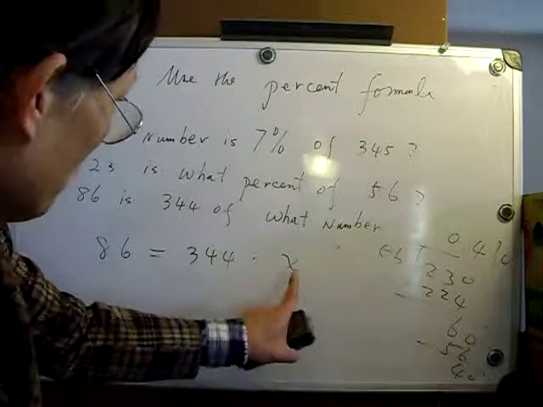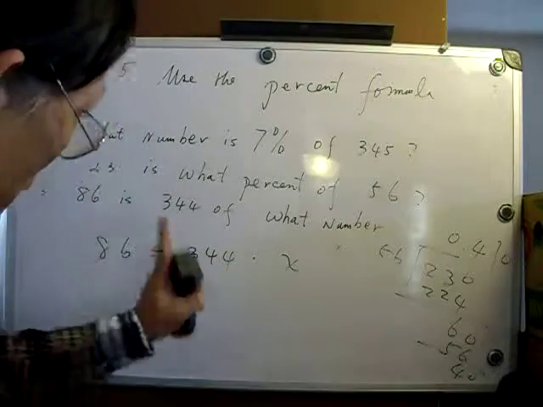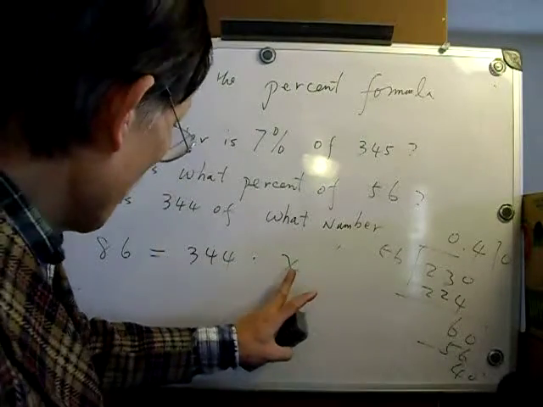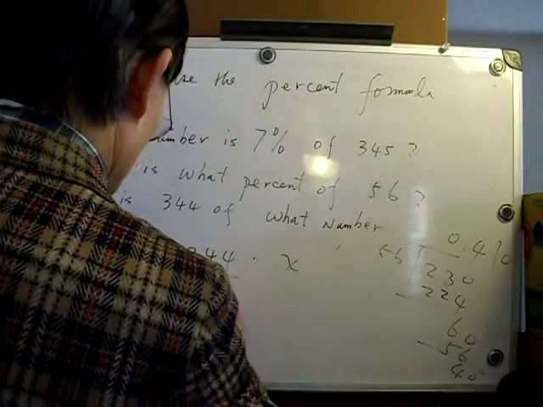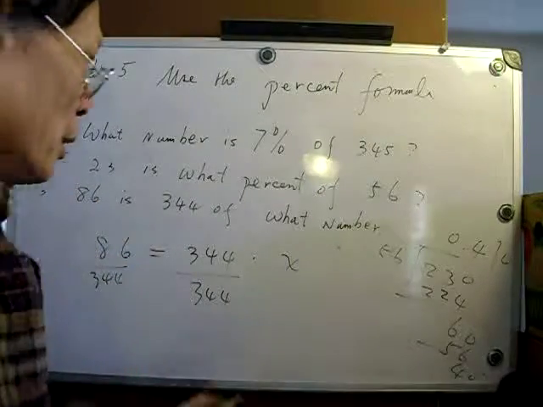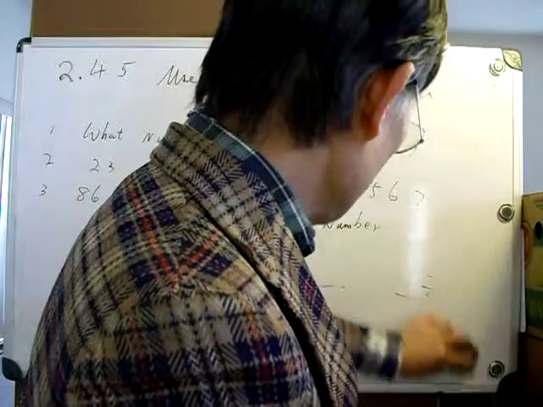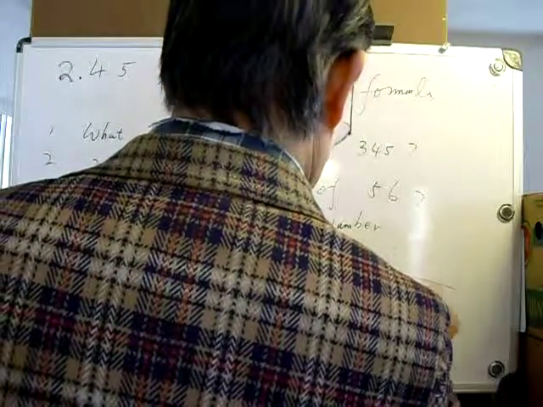So you need to solve this. First step, translation. That's usually required on your exam. And then you solve this x by dividing by 344. So 344. And then you use your calculator to do it, but here I use hand to do it.